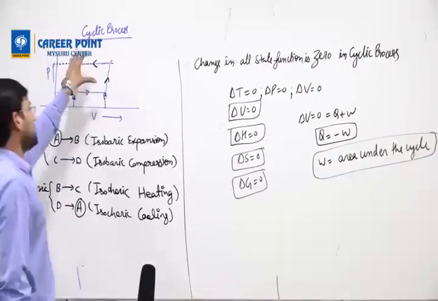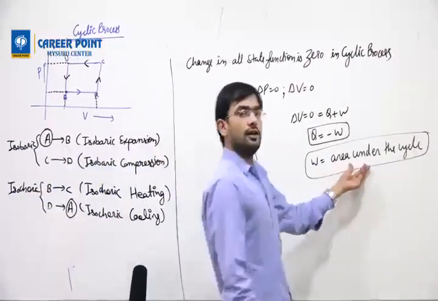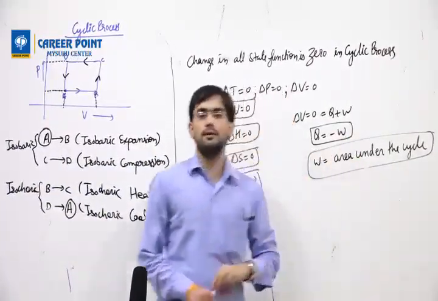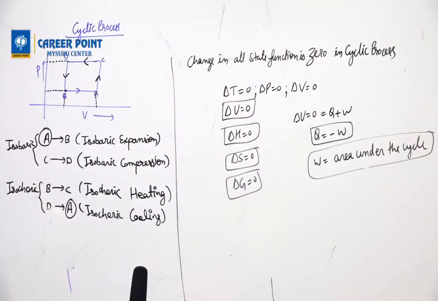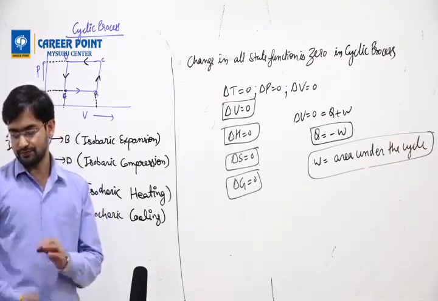You find out the area, put that value here, multiply by minus, and you have your Q value.